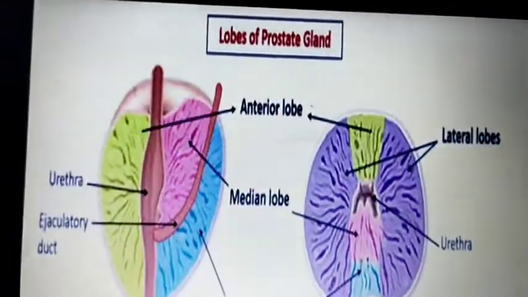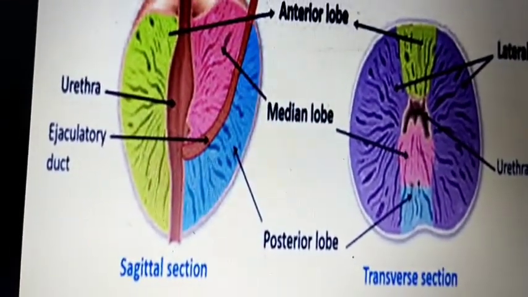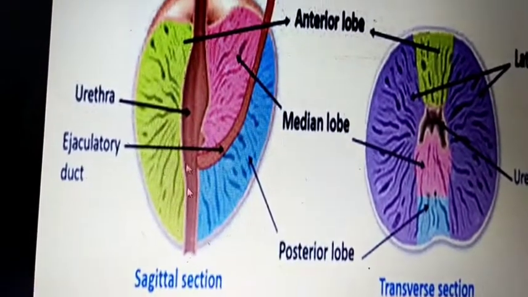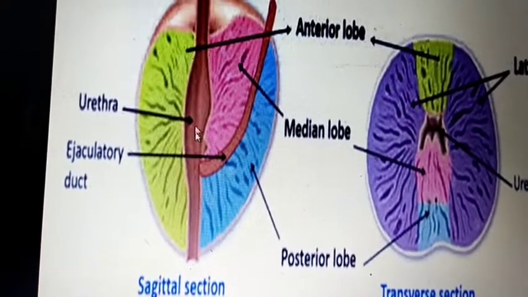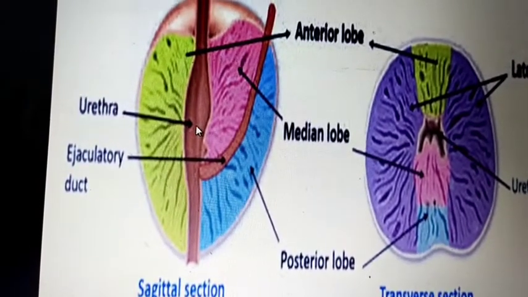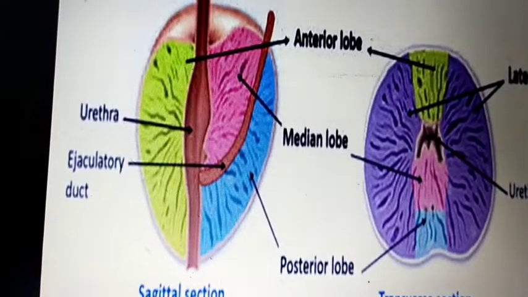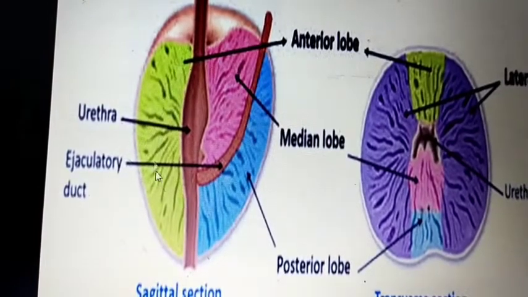You can also see this in the lobar anatomy. First, this is the urethra, and this is the ejaculatory duct. Just anterior to the urethra is the anterior lobe.